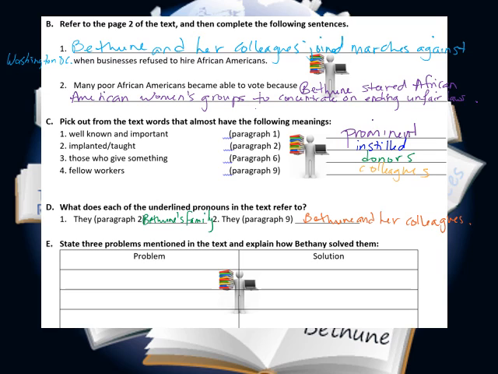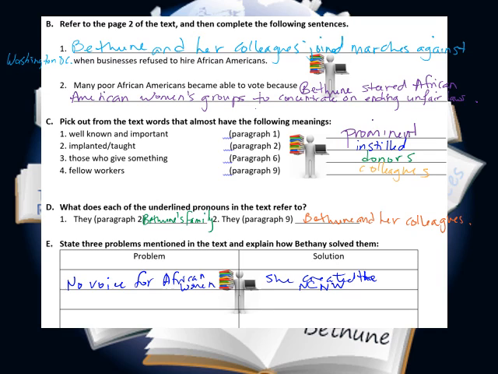Okay, now you read about problems and ways that she solved them throughout the whole text. Give me a couple examples here. Bethune realized that her women's group did not have a national voice, so she created the National Council of Negro Women. No voice for African American women, so she created the NCNW. Okay, another problem.